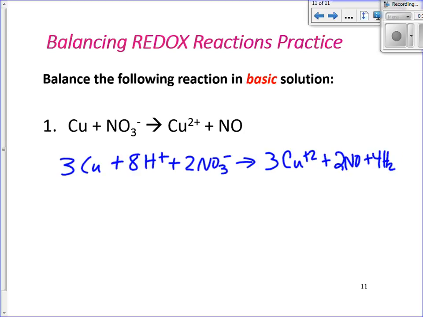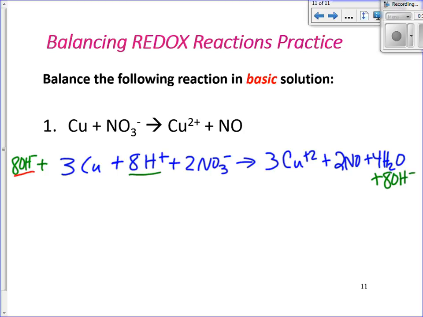All right, so everybody's here at this point. Got to the acidic solution. Now, to make it in basic solution, this side has the H pluses on it. Okay, and there are 8 of them. So we need to add 8 OHs. What we do to the one side, we must do to the other side. So this side also gets 8 OHs.